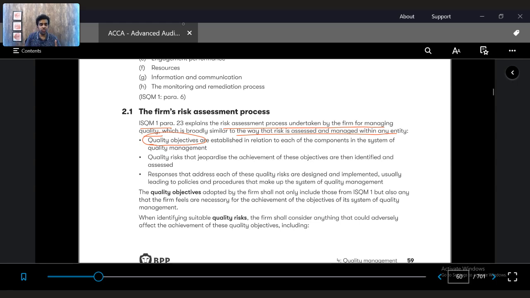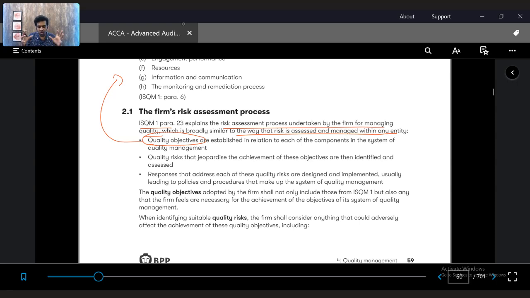But ISQM says that any firm which conducts audits should have quality objectives. And what are the quality objectives? The components that we learned. They should have proper documentation of the components of quality management. What are the components? Risk assessment, resources, engagement performance.